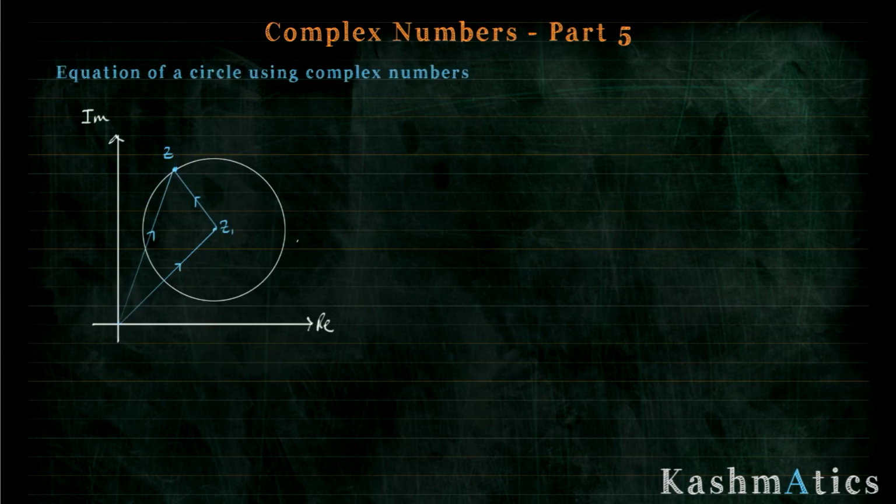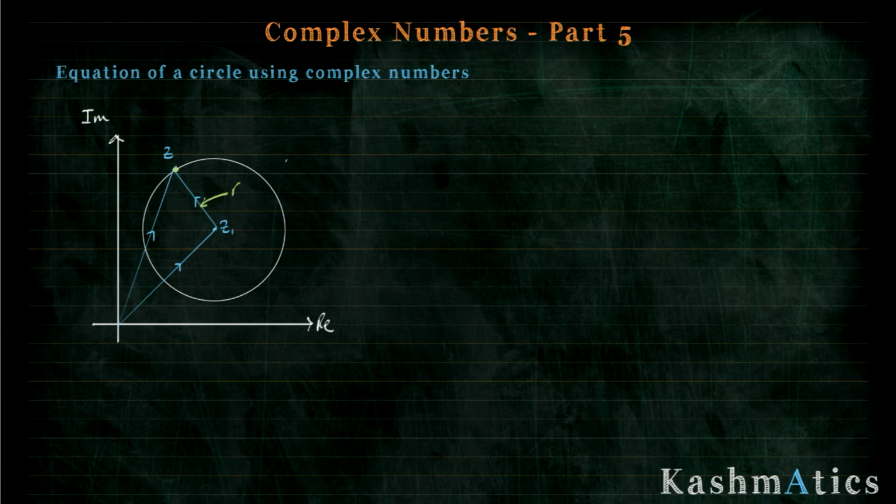Now we're going to apply what we've just seen and try to work out the equation of a circle using complex numbers. So let's define this length as R. That is the radius of the circle. And this Z is a general point on the circumference of a circle. I've marked it over here, but it could be anywhere on the circle.